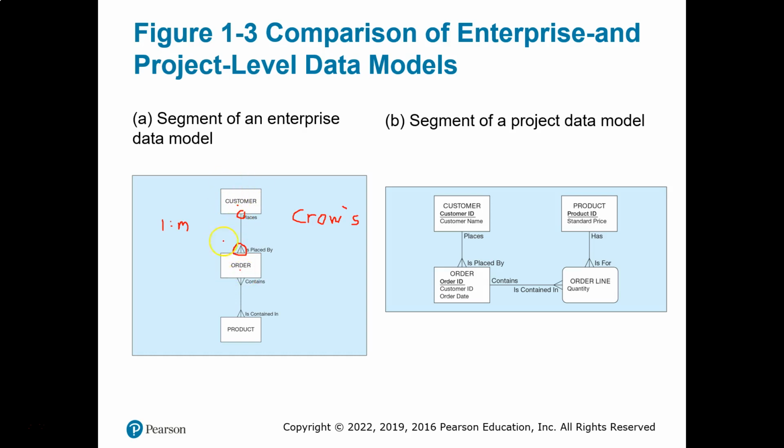Depending on how we formulate the query, we might have multiple line items. I want a listing of every order number placed by the customer, and if you placed 10 orders this year, my report will have your customer information listed 10 separate times. Anyway, so crow's foot.